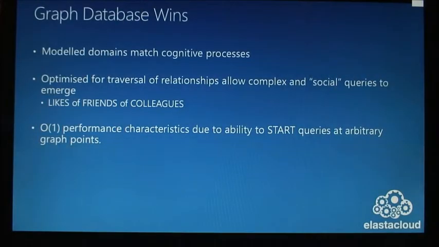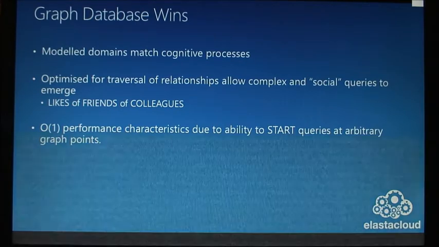So we just go quickly over the things that graph databases bring to the equation. They model domains of data which match our cognitive process. They're optimized for traversal of relationships, so we no longer have to have document databases which say parent document, child document, a binary relationship. It has one or it doesn't.